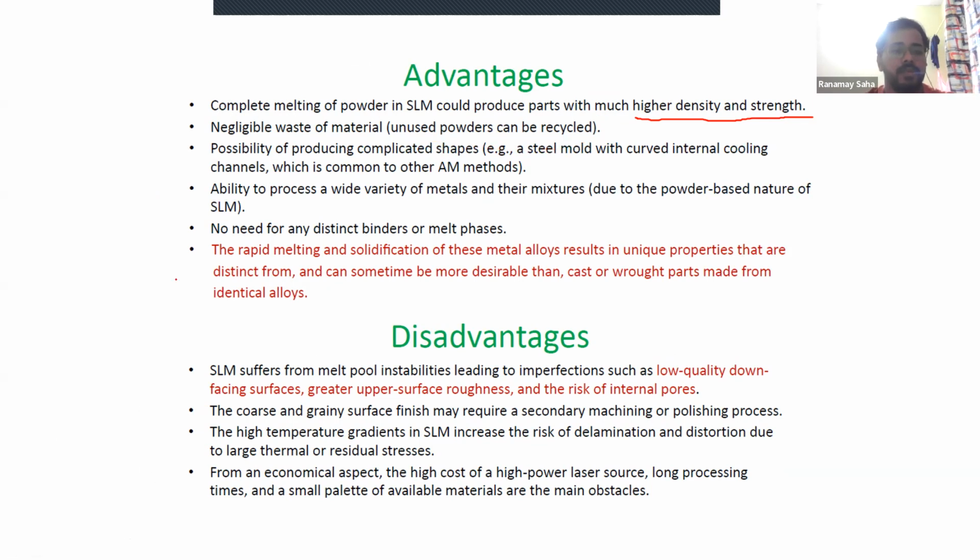And then you have the possibility of producing complicated shapes. For example, you can have a steel mold with curved internal cooling channels. That is quite a complex structure that cannot be made through other processes in general.